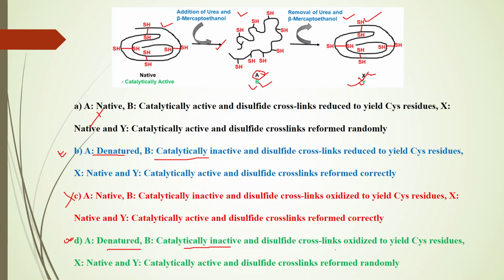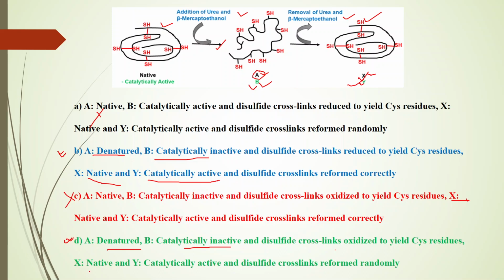So our X is again native. It has become native, and it is obvious because you have removed urea and beta mercaptoethanol. And if it has become native again, it will be catalytically active. So this option states X is native and Y is catalytically active.